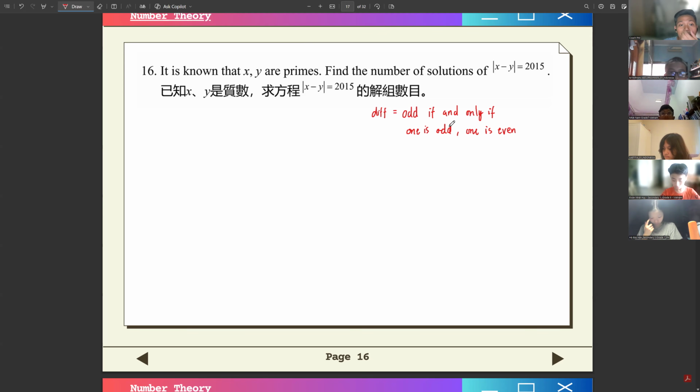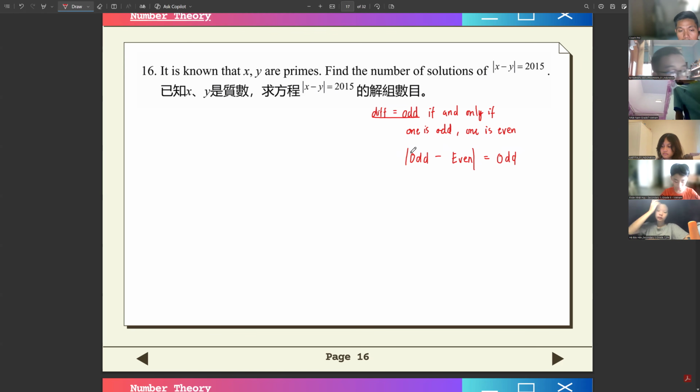So this is the only time that your difference is odd: odd minus even is equal to odd. You can also use the absolute value because probably the even number is bigger, or the odd number is bigger. That's the only time that happens.